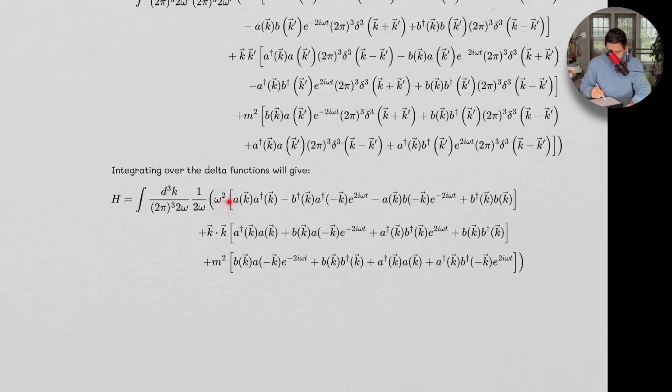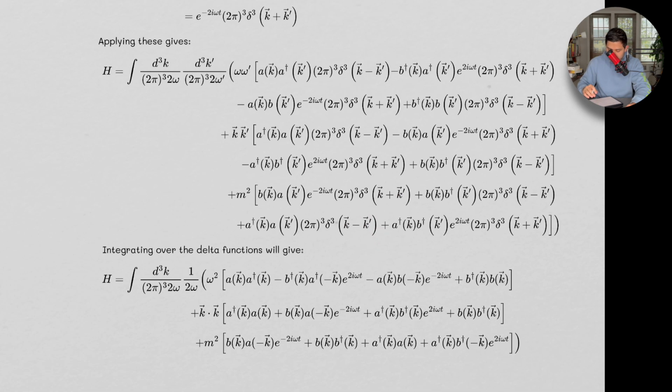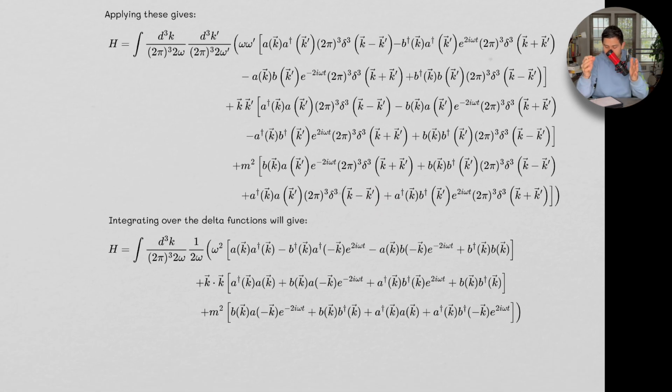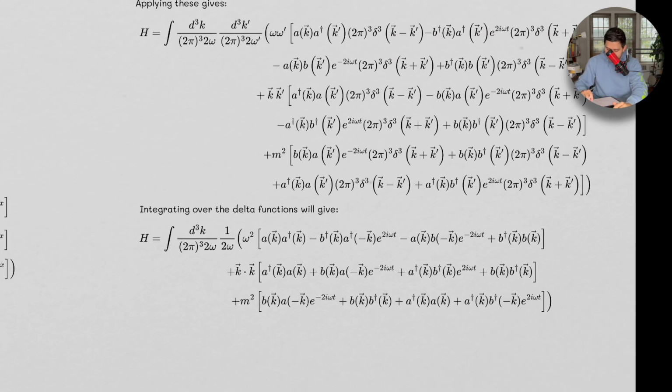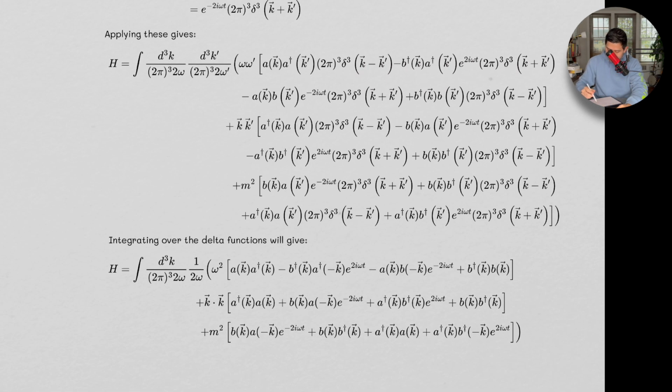Now we have omega squared, wherein all these k minus k primes are collapsing. We're making k primes all k's, essentially. We're collapsing k primes to k's. Okay. All right. So all of this gets reduced down to this.